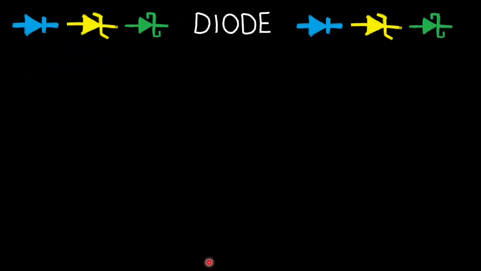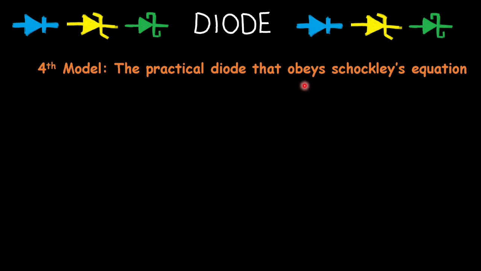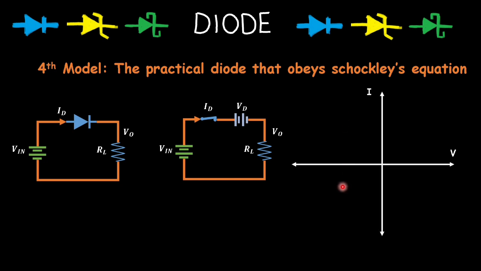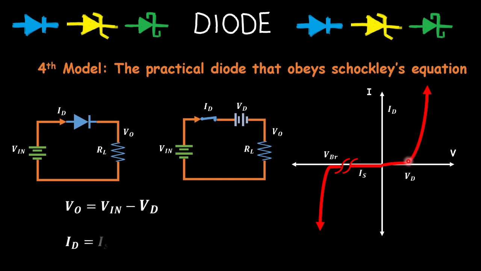Fourth is a diode approximation as a switch with a threshold voltage and a diode current that follows the Shockley's equation. Now in here, in the IV curve of the diode, you will see that for negative voltage higher than the breakdown voltage, our diode is still off but it has a very little amount of current we call the reverse saturation current I_S, and as we pass the zero, we will have a small amount of I_D flowing through it but not enough, and after we pass the threshold voltage, our current will exponentially increase given by the Shockley's equation.